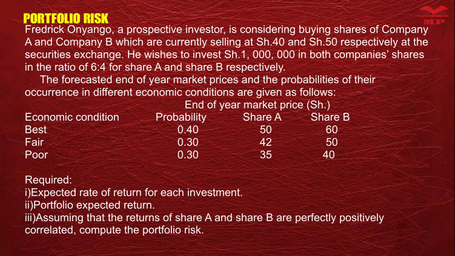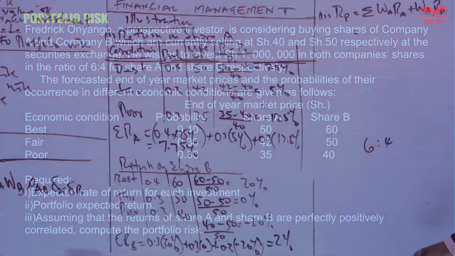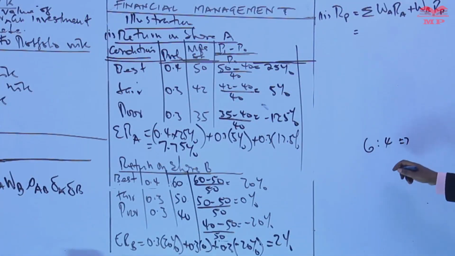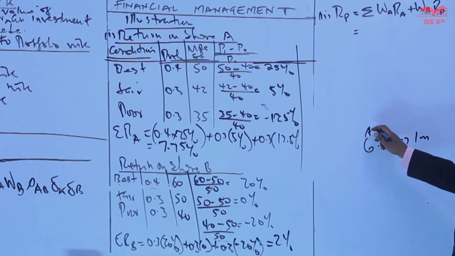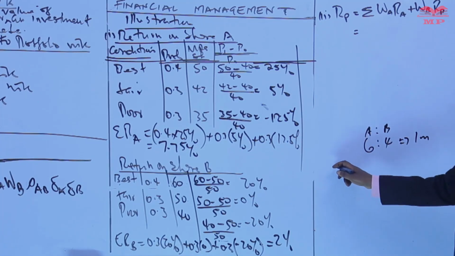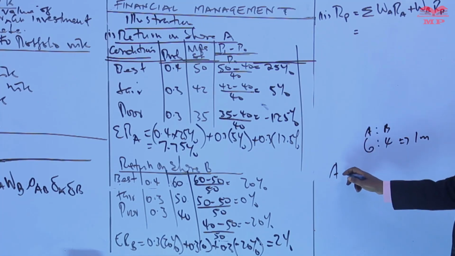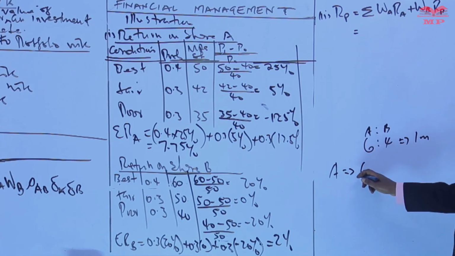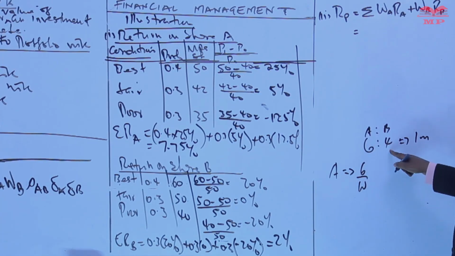So it's a 6:4 ratio, and we are given the total of 1 million. So for A and B, the proportion or the weight for A will be equal to 6/10. 6 plus 4 is 10.